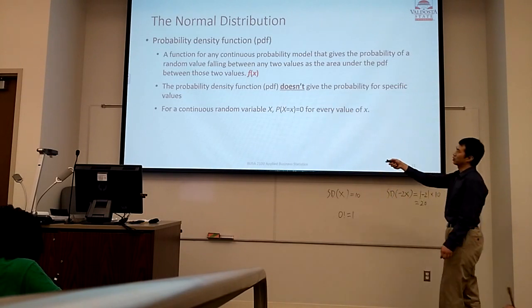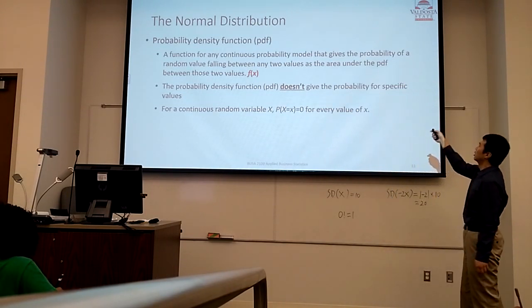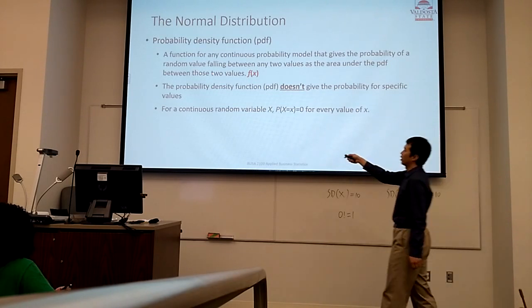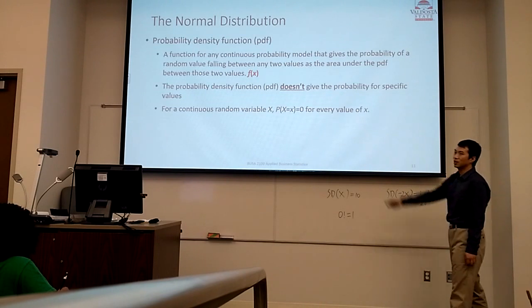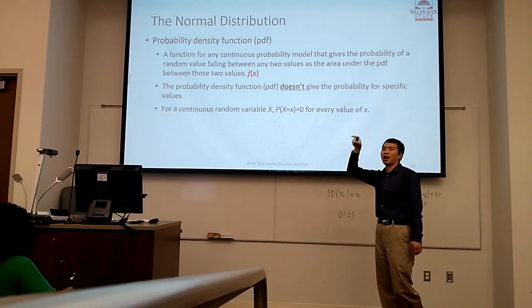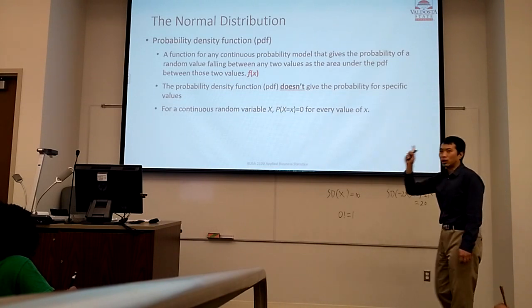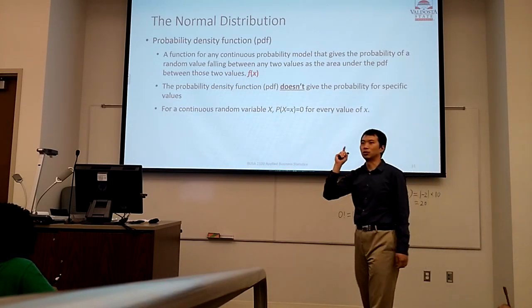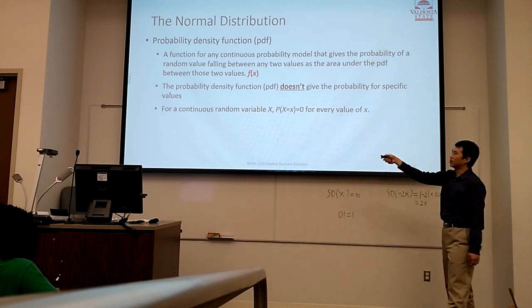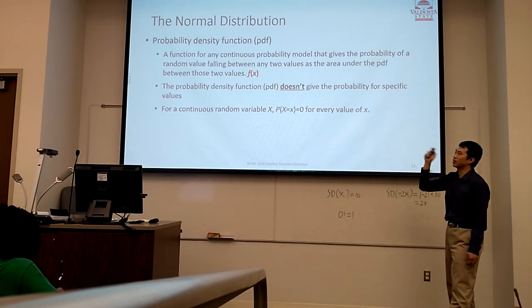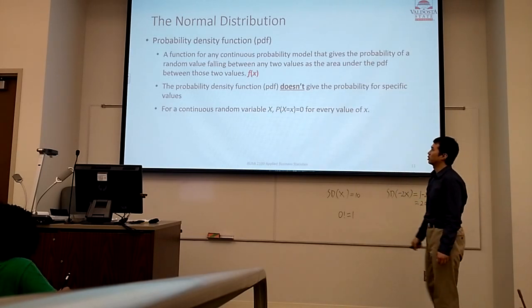That's the function of any continuous probability model that gives the probability of a random value falling between any two values. So it's a small f of x. One important thing I need you to remember is that this PDF, this probability density function, does not give the probability for a specific value.